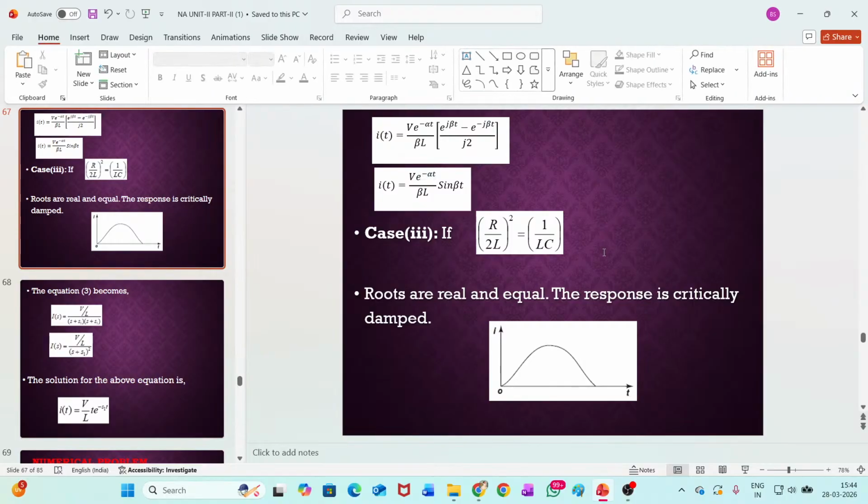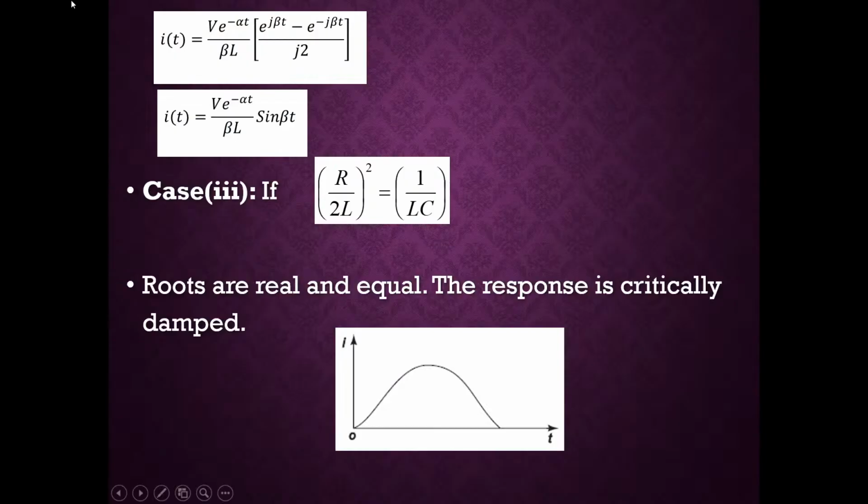Unfortunately, I missed it. So e to the power of minus alpha t by beta l, I have sent the 2j inside, so e power j beta t minus e power minus j beta t whole divided by 2j.